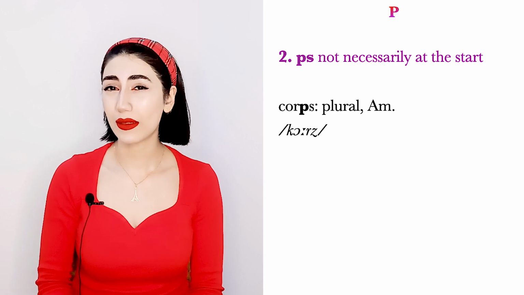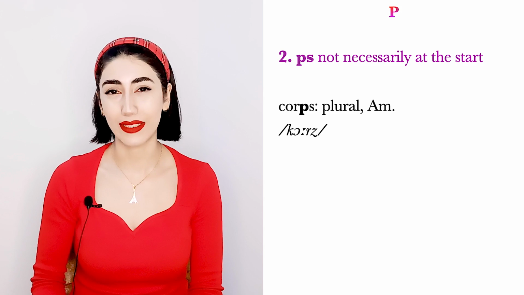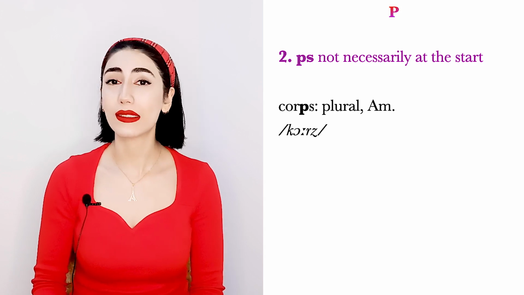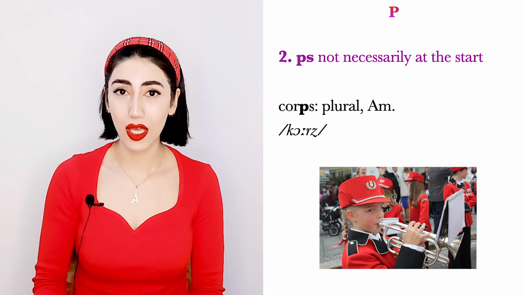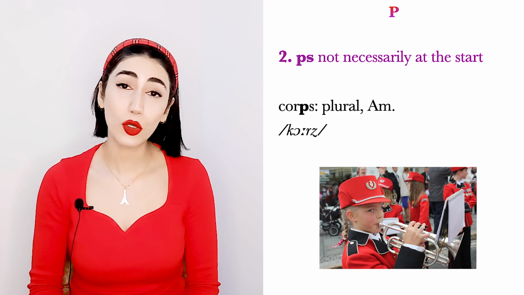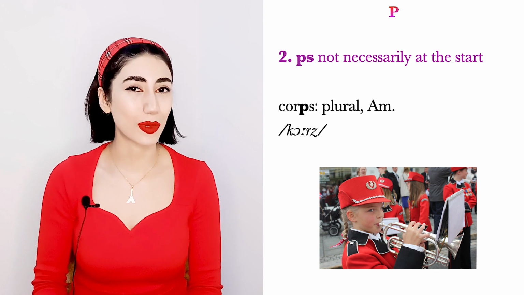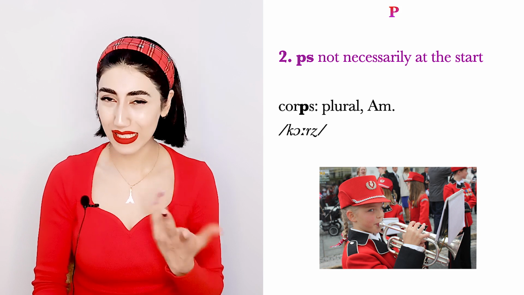And 2, when PS is not at the start of the word, which is not very common. For example, in this word, it is pronounced like course. I'm talking about the plural form of this word and the American pronunciation. Why plural and American? We see later.